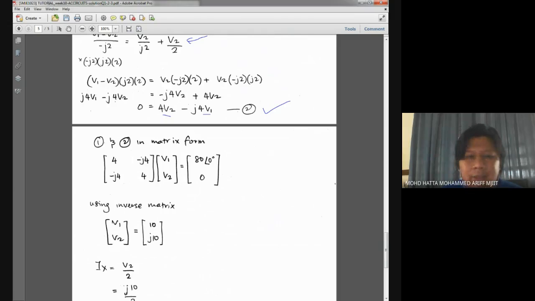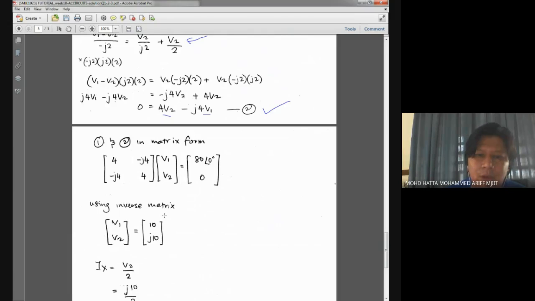MATLAB can easily calculate the inverse matrix of a complex number. You can also use the substitution method, or elimination, but I believe elimination is a bit difficult. Substitution is the best way if you don't want to use a matrix.